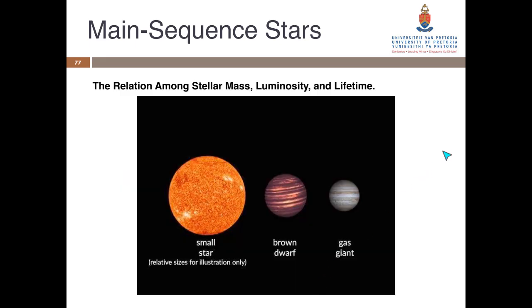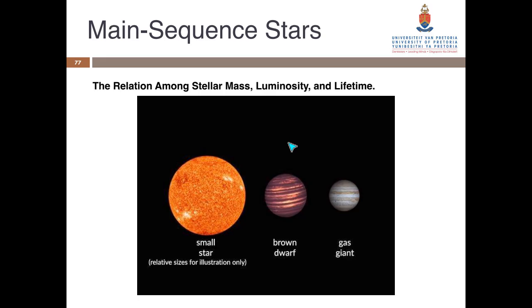So here we can see a small star, a brown dwarf and a gas giant. That is where we define the lower limit. So the lower limit is a brown dwarf. A brown dwarf doesn't have enough mass and pressure to start hydrogen fusion, but it's still warm from contraction.